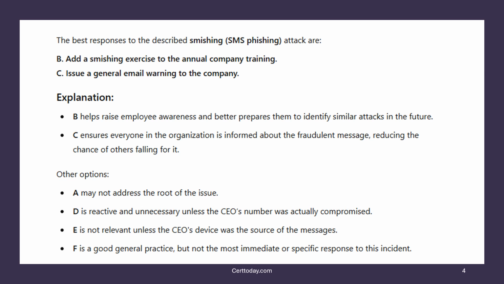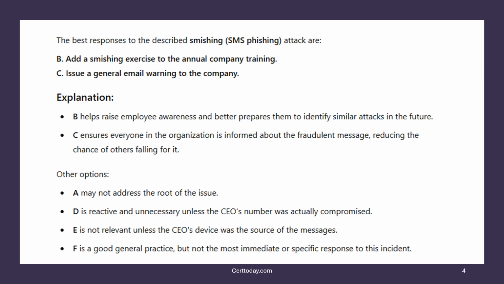It also ensures everyone in the organization is informed about the fraudulent message, reducing the chance of others falling for it, as in option C, where you issue a general email warning to the company.